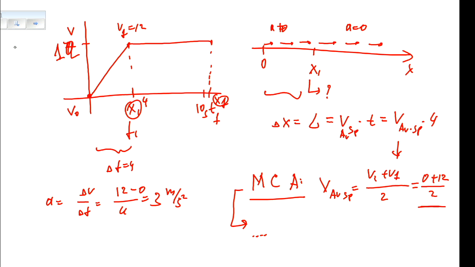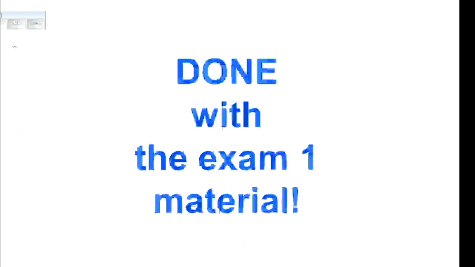Any questions, please? Will there be elevator problems? I don't know yet. Everything which has been covered before this might be on the exam, but we have covered many more topics than problems.